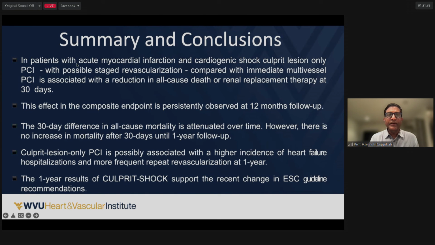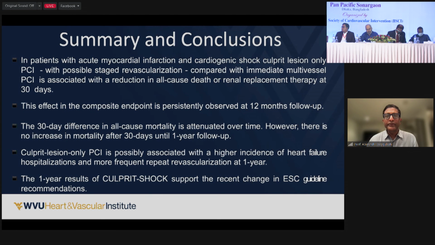So, in summary, in patients with acute myocardial infarction and cardiogenic shock, culprit lesion only PCI with possible staged revascularization compared with immediate multivessel PCI is associated with a reduction in all-cause death or renal replacement therapy at 30 days, as shown in the CULPRIT-SHOCK trial. This effect in the composite endpoint is persistently observed at 12 months follow-up.